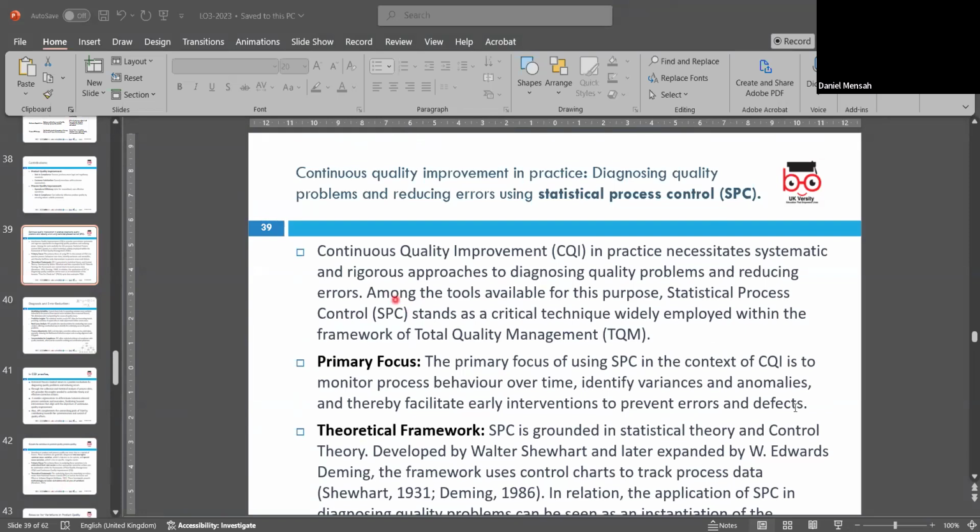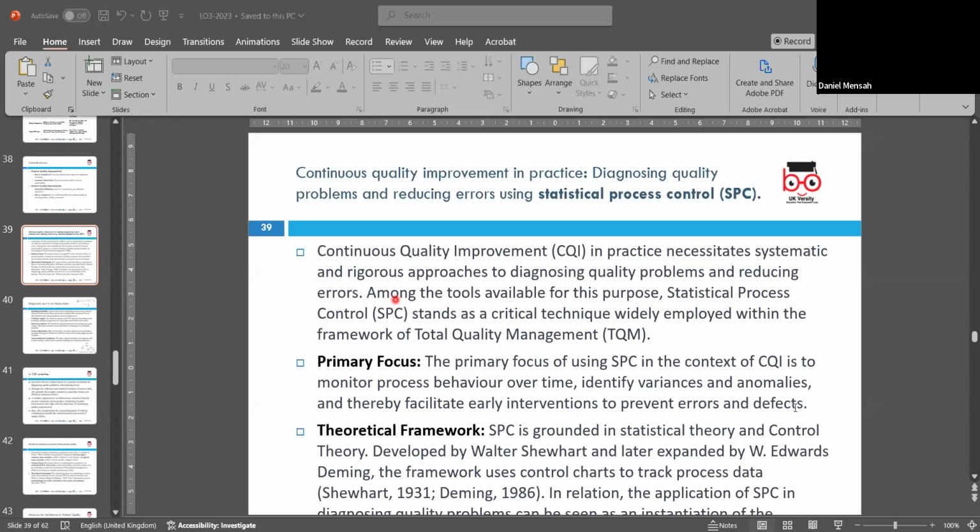This is a statistical process control approach. It focuses on tracking process performance over time. It helps organizations identify deviations or variances in their processes, which can lead to quality issues.